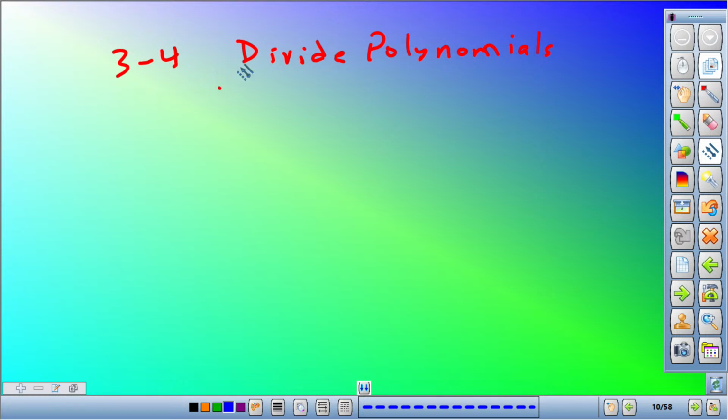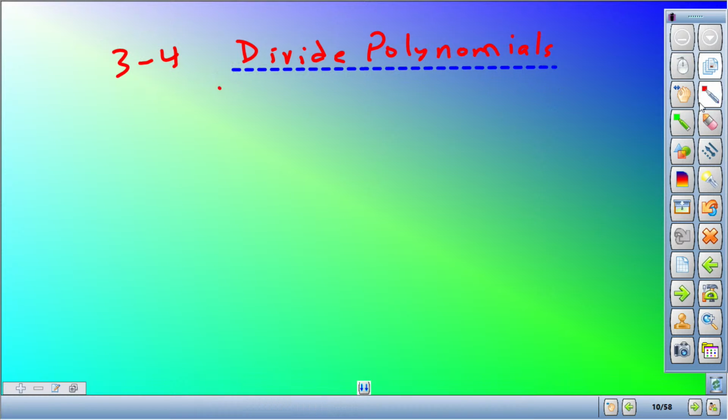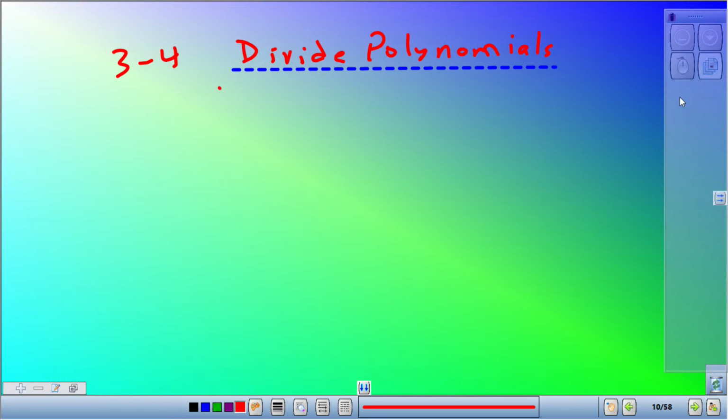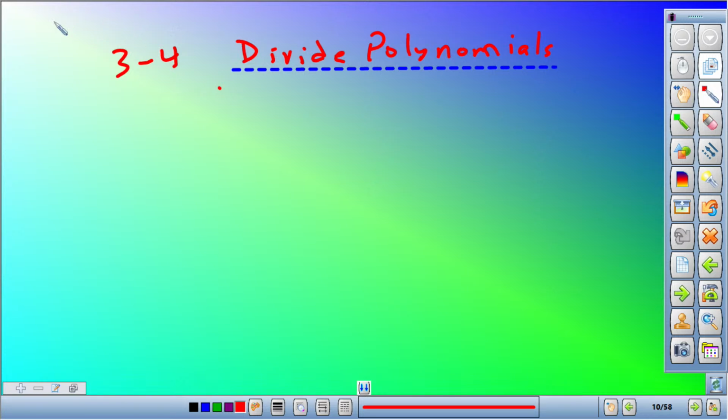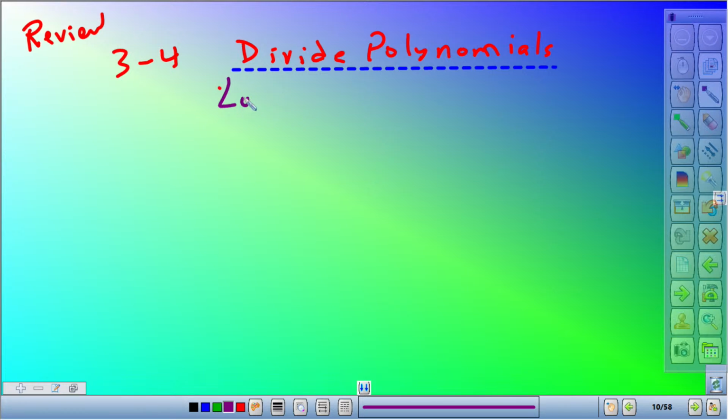Can somebody tell me what exactly are we referring to here? There are two different division methods that we've used in this class. Can somebody tell me? Long division is one of them. That's very true. Long and synthetic.